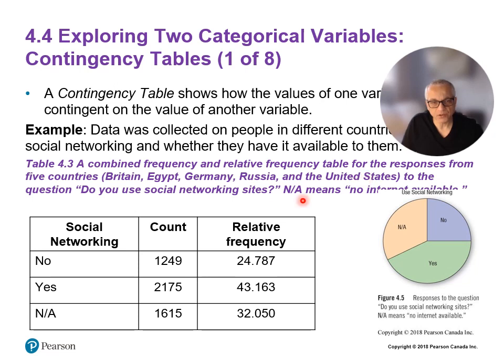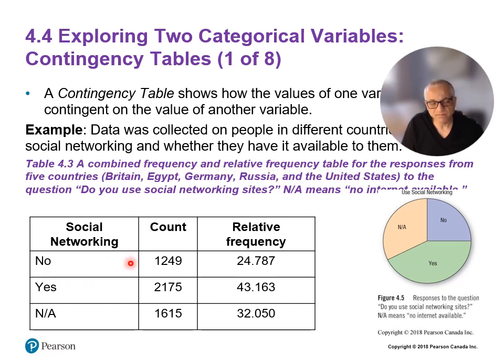They were each asked questions about social networks, and the possible answers in this case were no, yes, and not applicable or not available. Here you can see data was collected on people in different countries on whether they use social networks and whether they have it available to them.